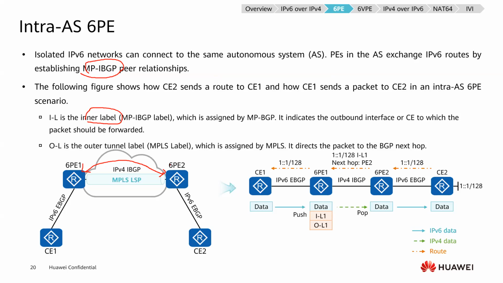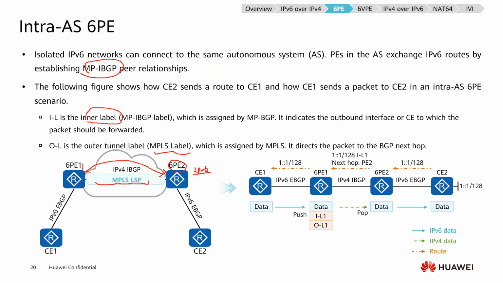This label tells the destination PE, the peer PE, that after you receive this packet, you need to check the IPv6 routing table and send it to the IPv6 network. However, you are only using the IPv4 MPLS RSVP tunnel to transport the traffic, right? So you need to add the outer tunnel label, the MPLS label, to transport the packet hop by hop.